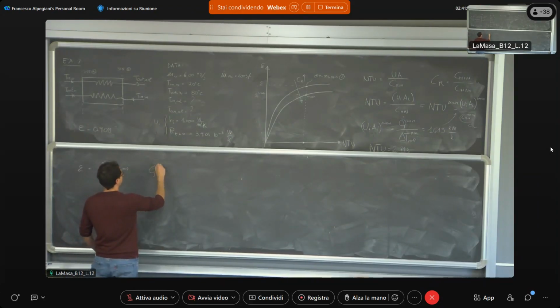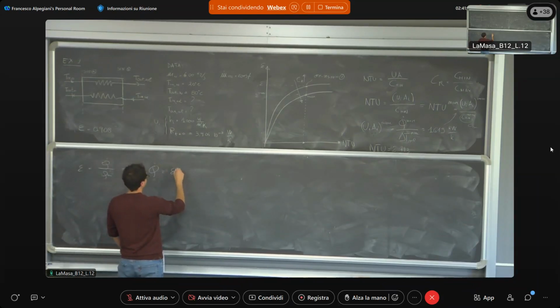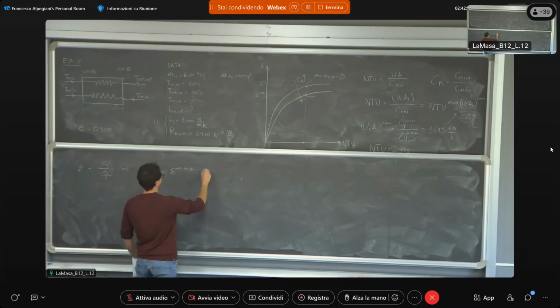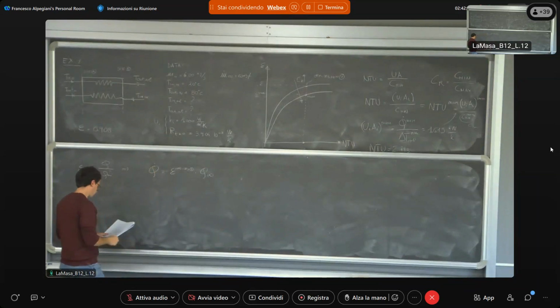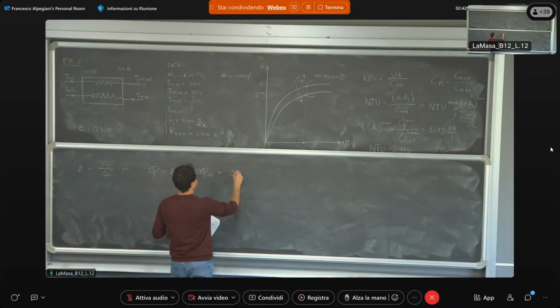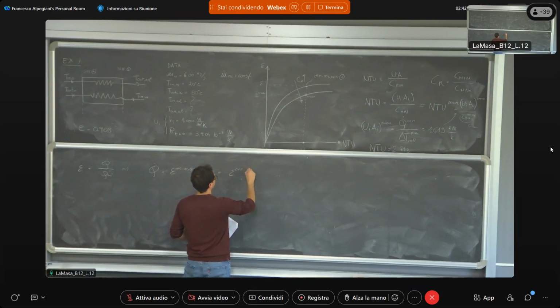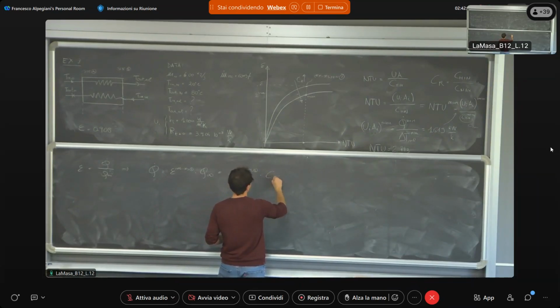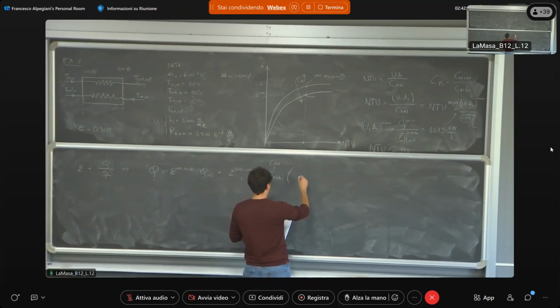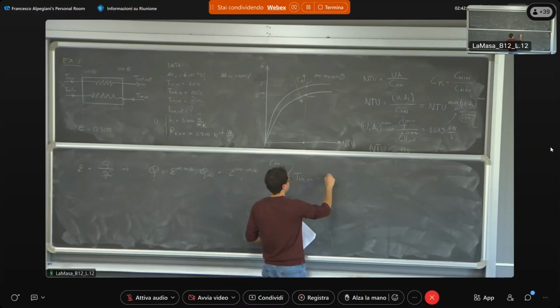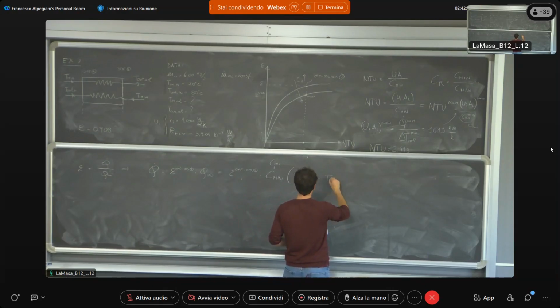So Q will be equal to epsilon in off design condition number 1 times Q infinite, where Q infinite remains the same because this is also equal to epsilon in off design condition number 1 times Cmin, which is, as before, the heat capacity of the oil, times the temperature of the oil at the inlet minus the temperature of the water at the inlet.